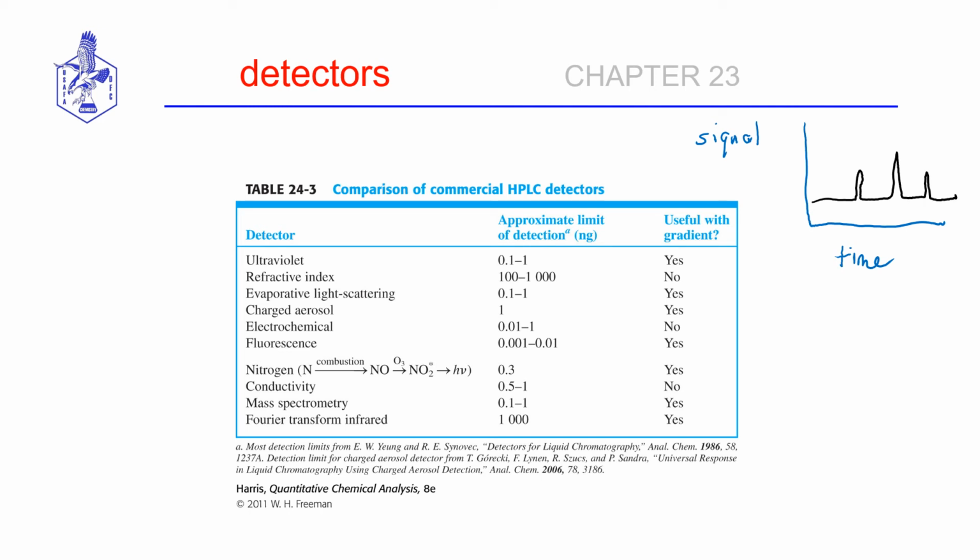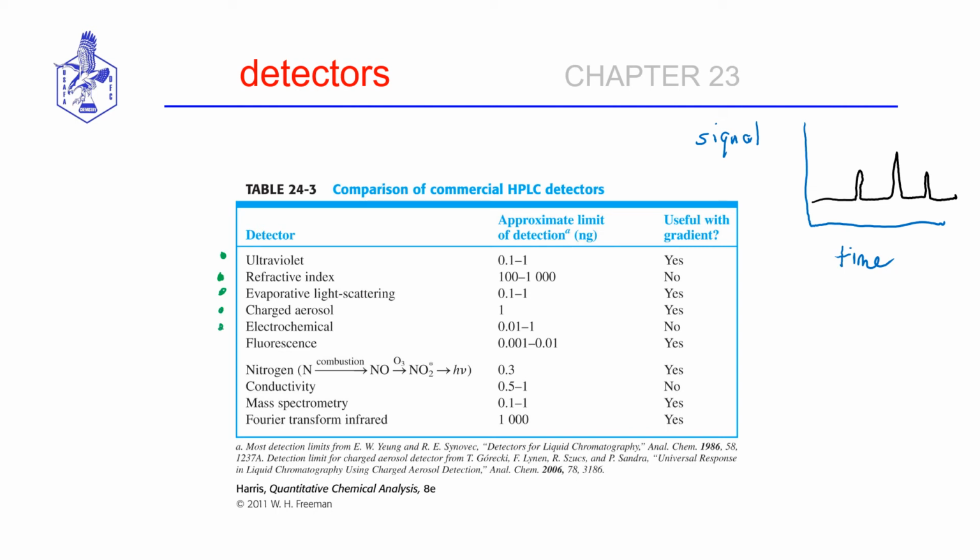So the options available to me in terms of detection, I can have an ultraviolet, a UV visible absorption spectrophotometer. Okay. I can have a refractive index detector. All species has a refractive index and will give rise to a signal. I can use an evaporative light scattering detector, charged aerosol.